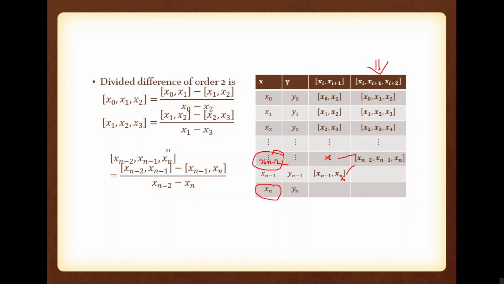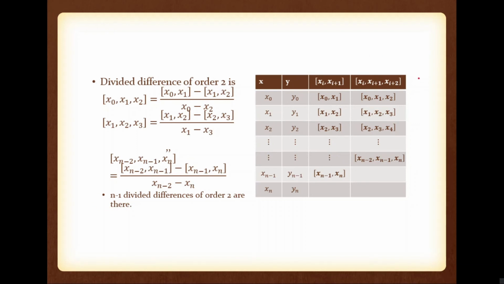I think there is no doubt. So how many second order divided difference terms are there? If you have n plus 1 data, you have n first order divided differences, and you have n minus 1 second order divided differences. So n minus 1 divided differences of order 2 are there.